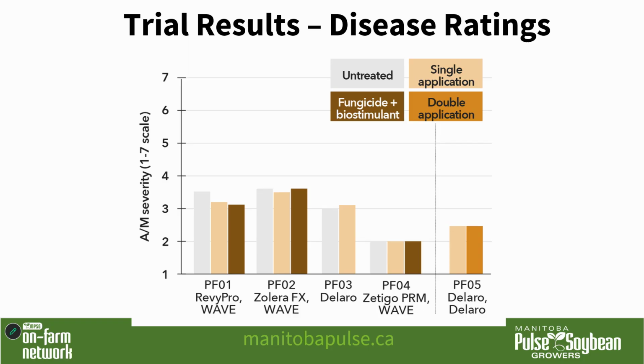And on the right side are, where applicable, dark brown bars, and these are peas with a single fungicide application plus biostimulant tank mix. And now looking at the far right at the paired bars, the beige bar on the left side is the single fungicide application, and beside that is an orange bar, and that would be the double fungicide application.